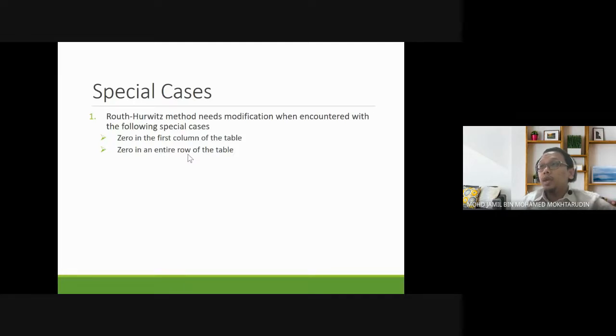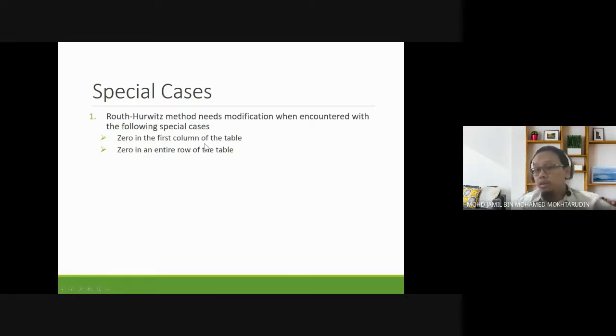And we also have special cases that require you to modify the method of generating the Hurwitz table. So there are two special cases. The first case is when you encounter a zero in the first column.